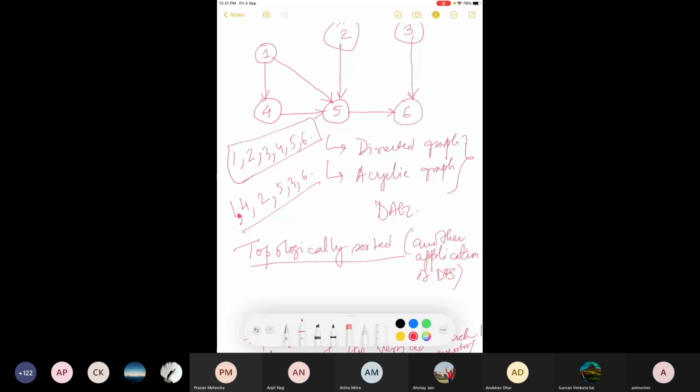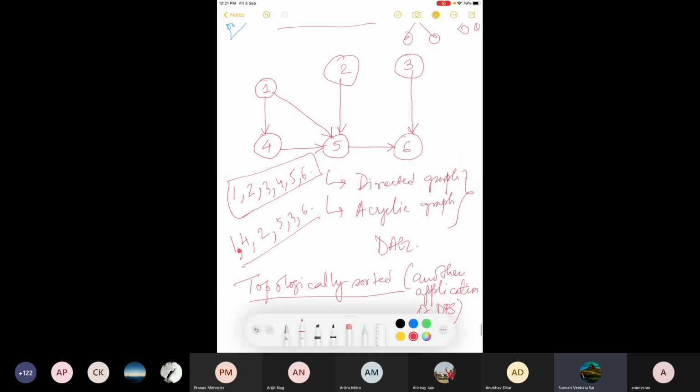Now, Sir, can we traverse this whole graph as a tree? Why not? Sir, how can we go to 2 from 5? It is directed from 2 to 5, but we cannot go from 5. Can you go back to the DFS algorithm, and look at the first part of the algorithm? What is it telling?